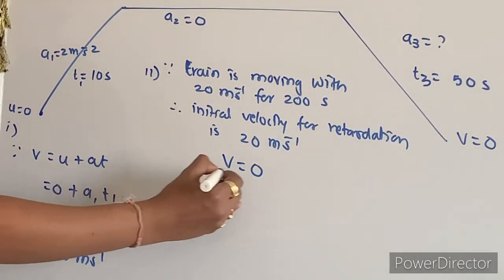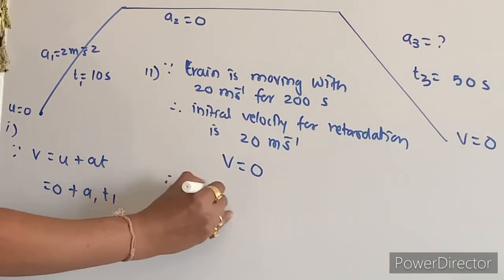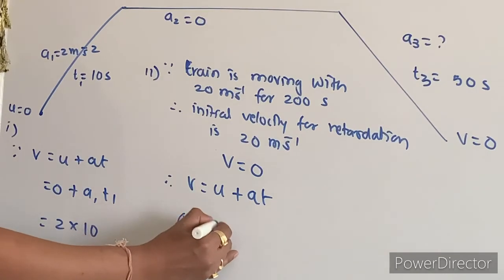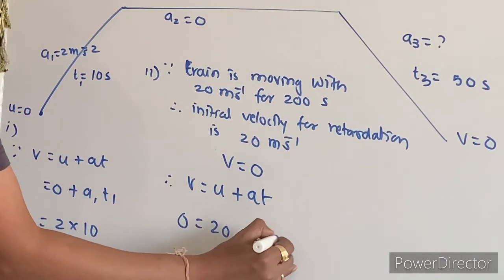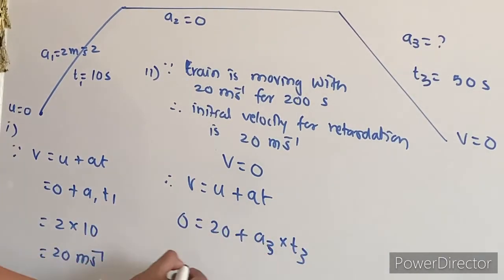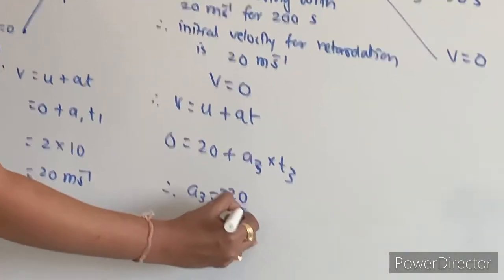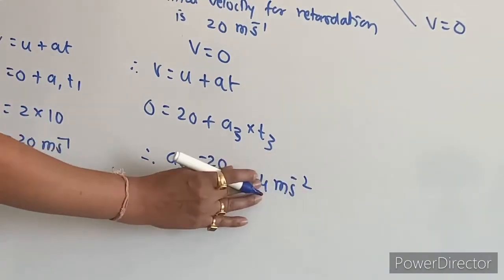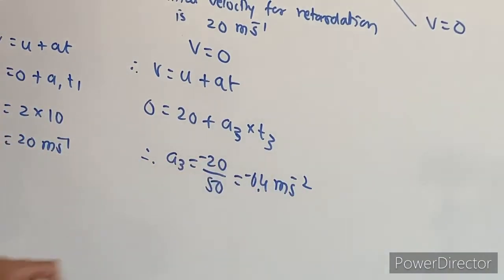So v is equal to u plus a into t. This is 0, u is 20 plus a3 into t3. Therefore a3 is equal to 0 minus 20 upon 50, which is minus 0.4 meters per second square.